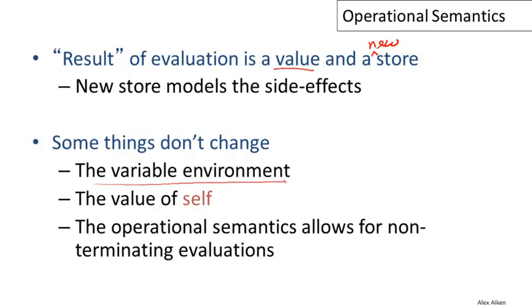The variable environment doesn't change, and the value of self, which object we're talking about, doesn't change. As another detail, the contents of the self object, the attributes inside it, might get updated, but the locations where the attributes are stored do not change. The layout of the object, where the object is stored, doesn't change, and that's all we're saying here.